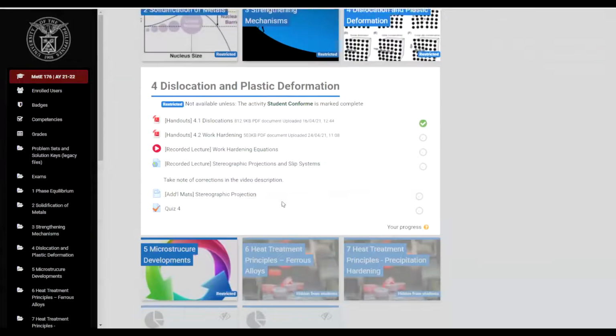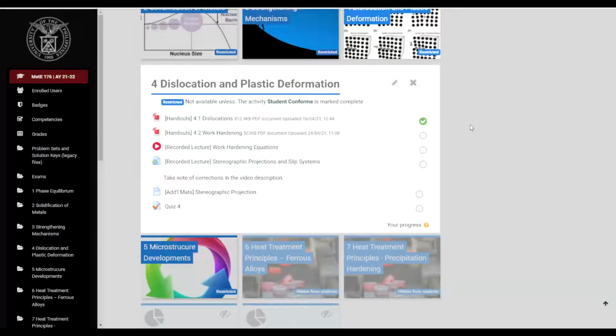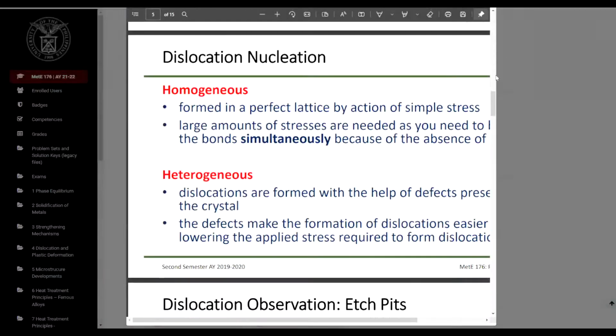Since you already have an idea about stereographic projections, you can apply them more quickly in physical metallurgy, mostly in crystallography. So we will just cover dislocations now.